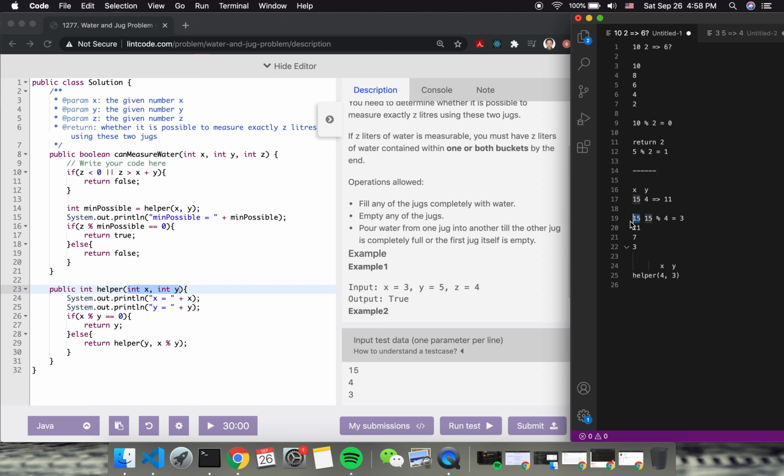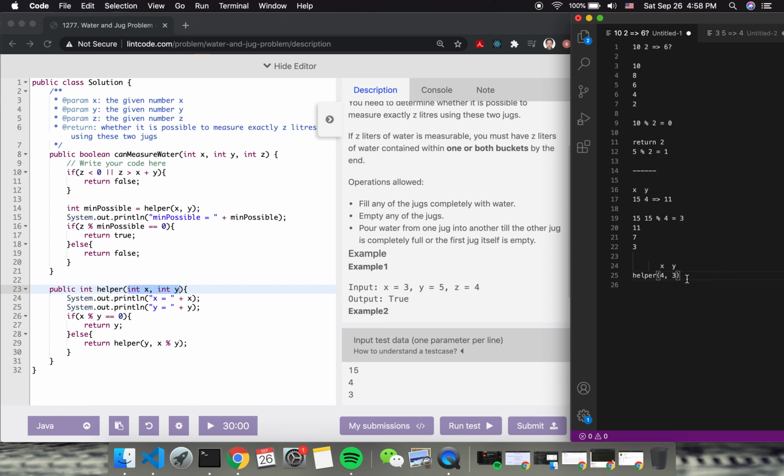First you fill up the 15, and then you pour into the 4. The 15-liter bottle now only has 11, and then you pour out 4 again, so you get 7, and then deduct 4 again, and 7 minus 4, you get 3. That is what this 3 means physically. From 15 and 4 we can get 3.